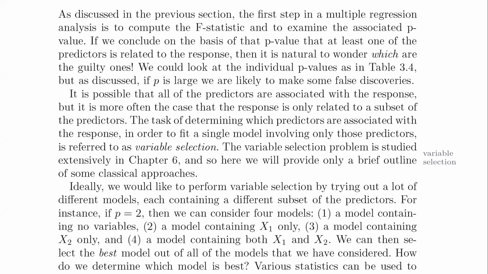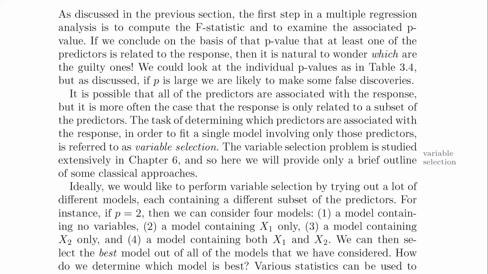If we conclude on the basis of that p-value that at least one of the predictors is related to the response, then it is natural to wonder which are the guilty ones. Guilty in the best way possible. Guilty in the sense, which are those predictors that are in fact related to the response.